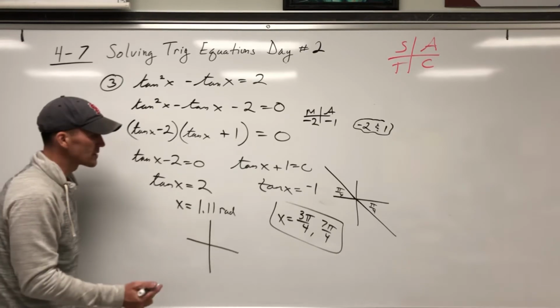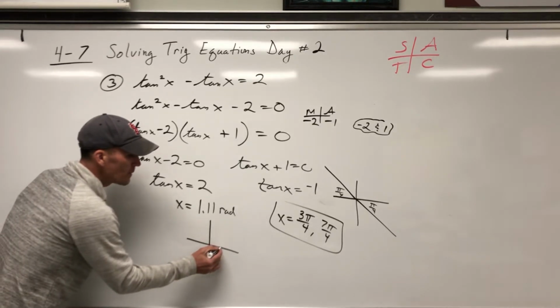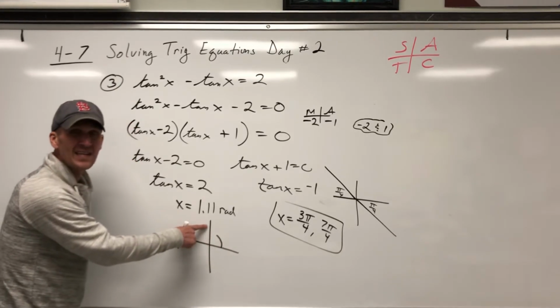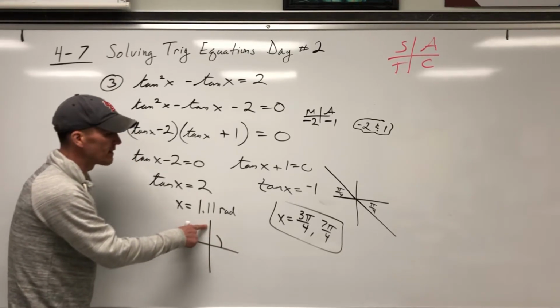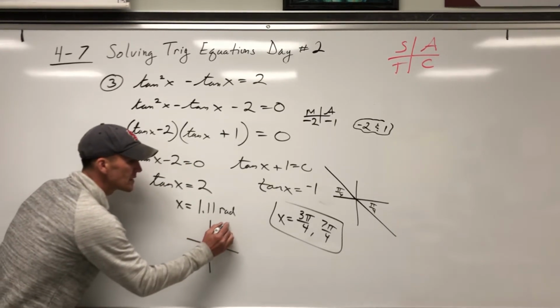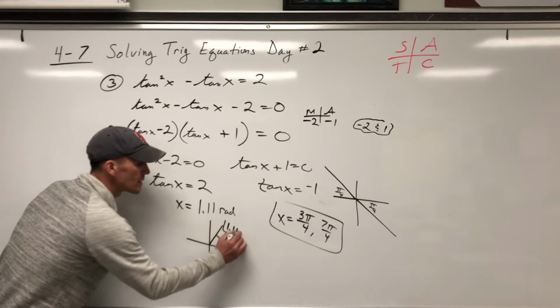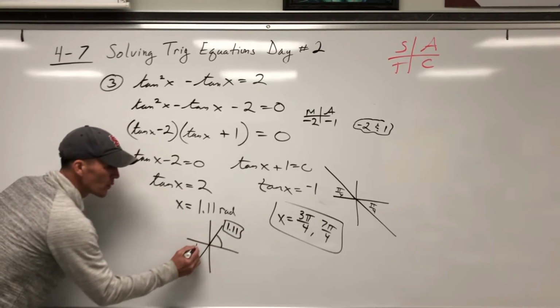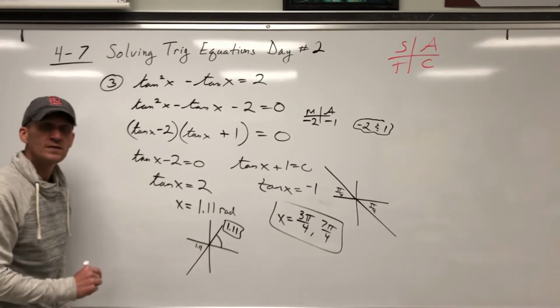It's also my reference angle though. So if I go 1.11 radians up, I don't get to 90 degrees or 1.57 radians, which is pi divided by 2. So this is 1.11 radians. But I have to have these family members, the 1.11 reference angle.